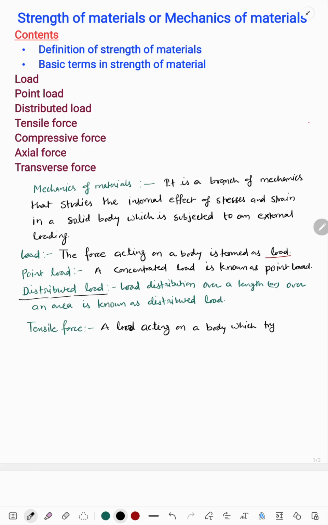Meaning, if two loads are applied at the ends of a free member, the loads will try to take the material apart, far away from each other.